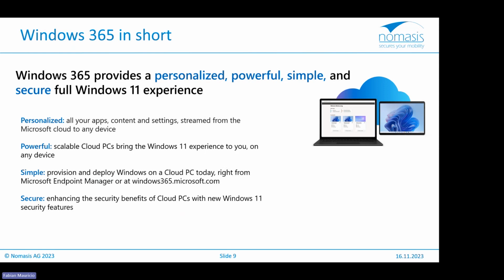So you can really make sure that the user gets the power he needs. It's also that simple for your users. They just need to go on a web page, and from there, the computer will be provisioned and deployed, and in a matter of minutes, he will be able to access his work computer. And of course, you are getting all of the new Windows 11 security features, so the TPM chip and all of those security features are natively supported by the cloud PC.